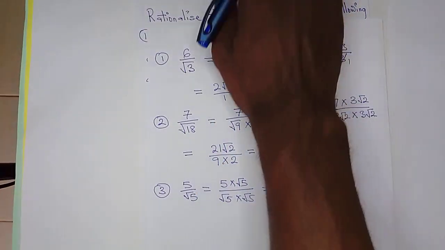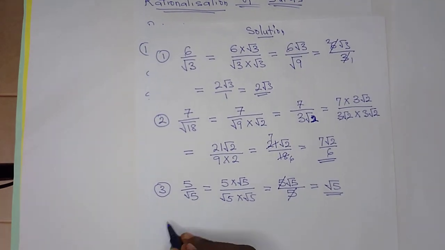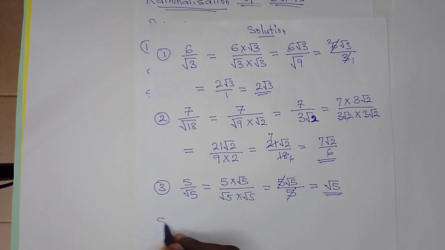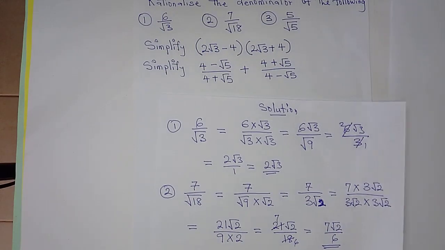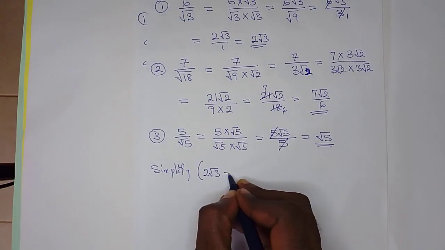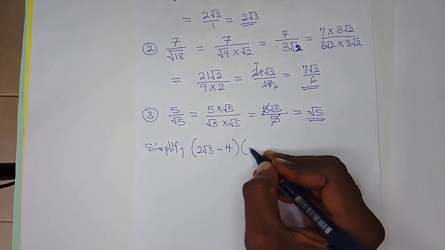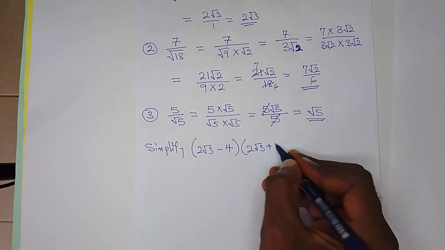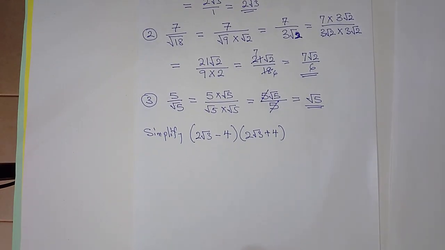Let me recopy the question: open bracket, 2 root 3 minus 4, close bracket, and open bracket, 2 root 3 plus 4, close bracket. Okay, so this is what we are going to simplify next.